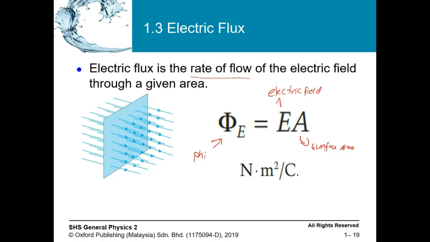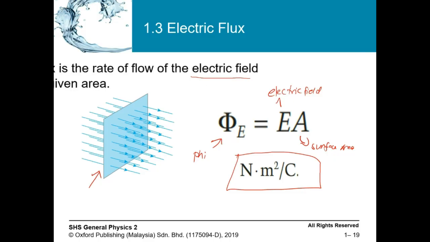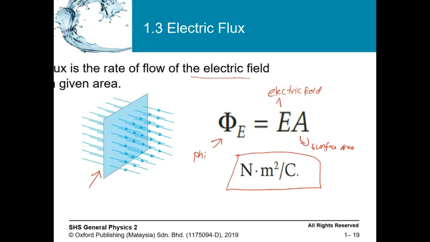But for 2D objects like this one, which is flat, it's just area. And so our unit will be Newton times meter squared per coulomb. That will be our unit for electric flux. Okay.